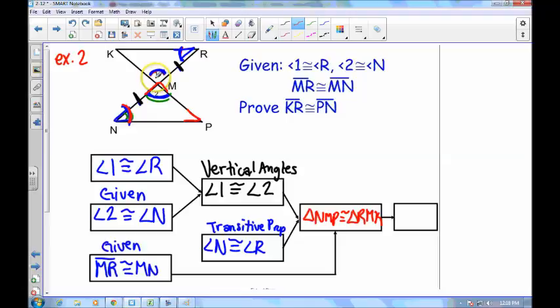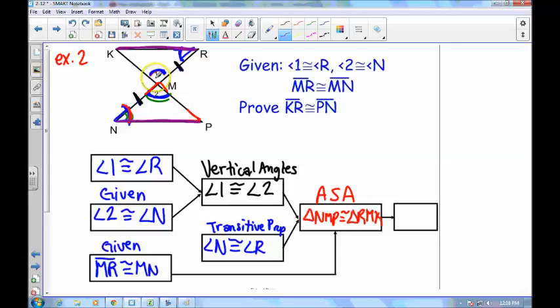Okay, and we know this by, what's the postulate from our foldable again? Angle, side, angle. Okay, and because we now have two congruent triangles, what can we say about the base, segment NP, and the top here, segment KR? They're actually congruent by, we learned this one today. What allows them to be congruent?